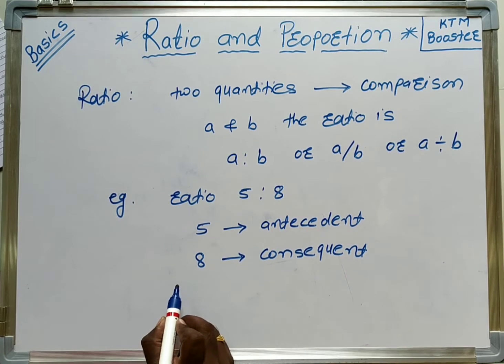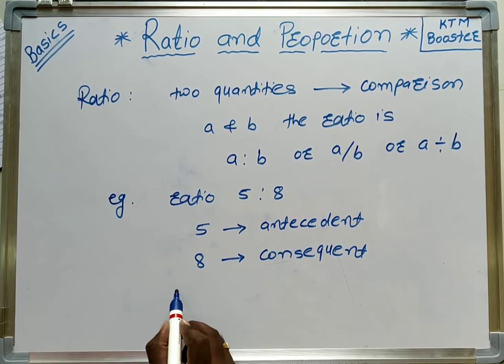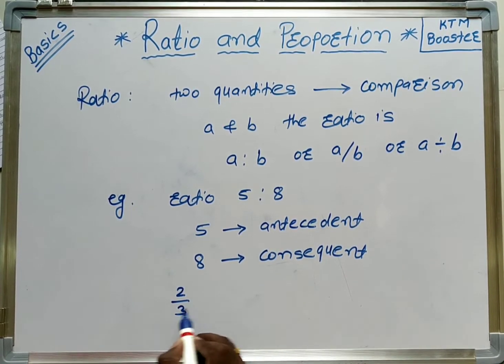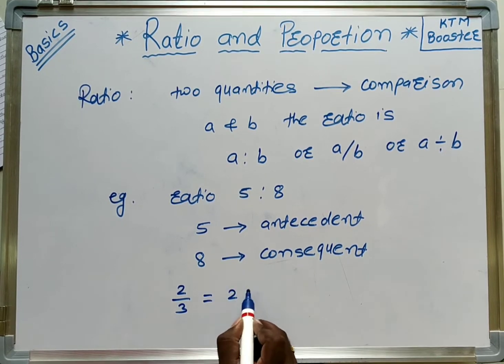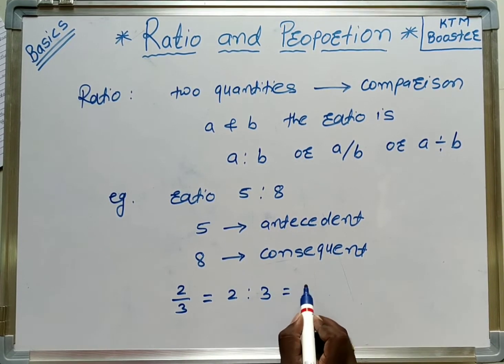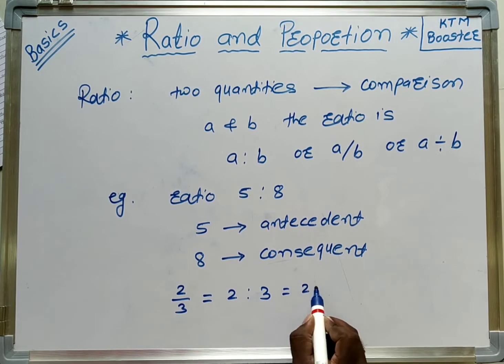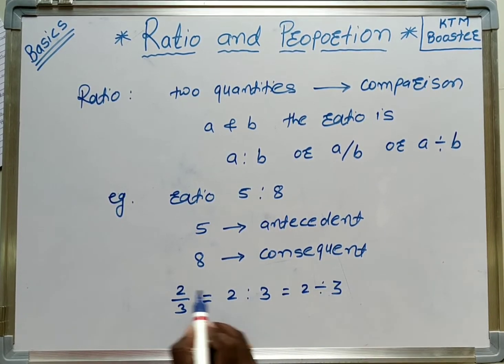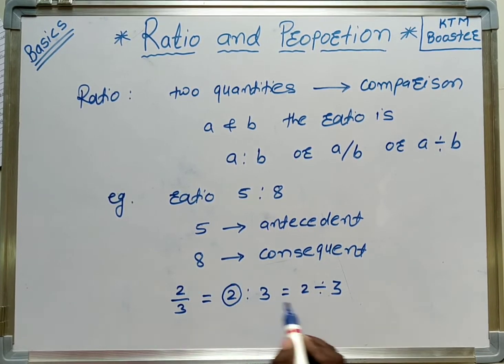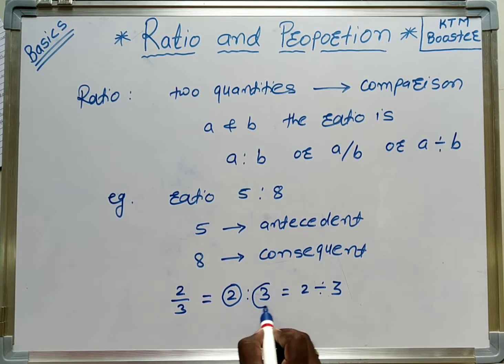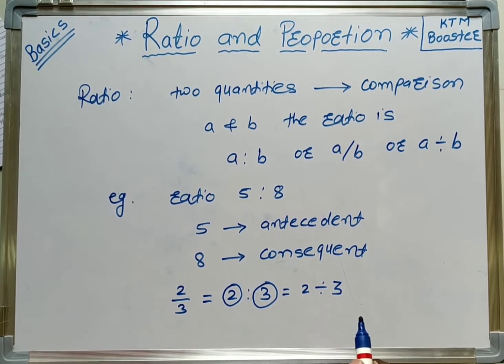A ratio is denoted by, if we say 2/3, it is the same as 2:3 or 2 divided by 3. 2 is the antecedent and 3 is the consequent.